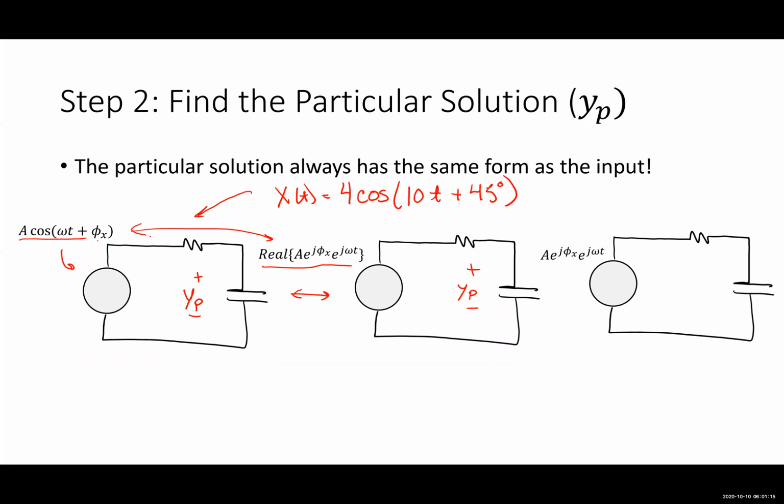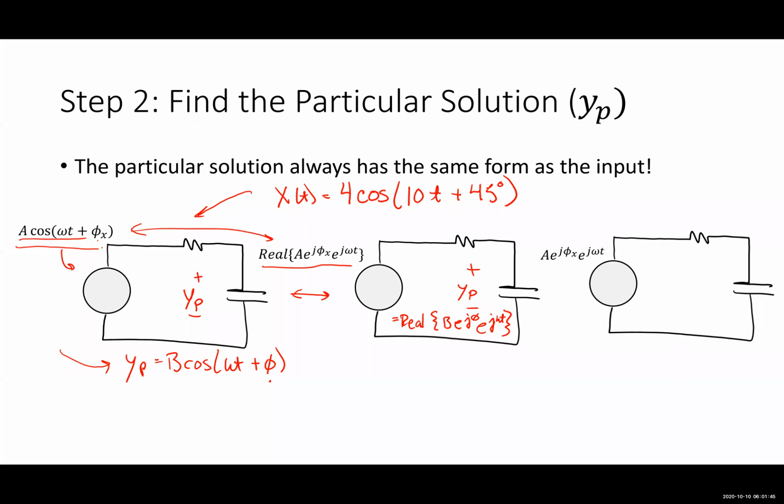Now, in this particular case, y sub p is the real part of B e to the j phi e to the j omega t. In this case, it would have been B cosine of omega t plus phi. As we said, the form of the output in steady state had better look like the input.